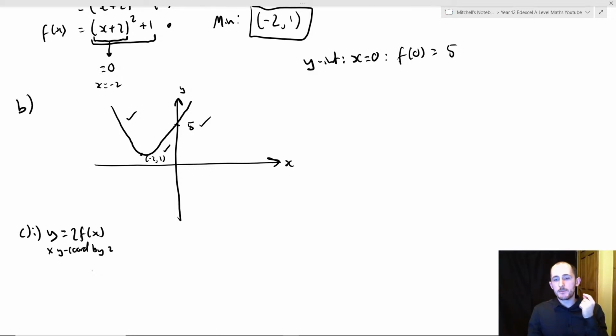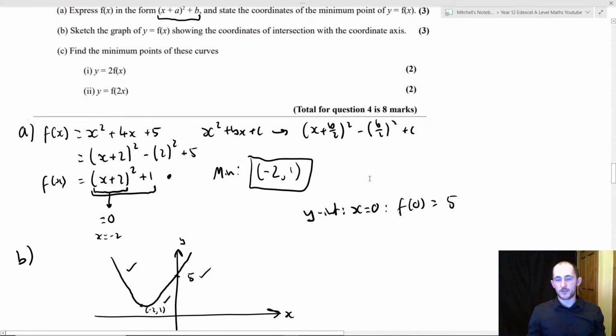So if I'm just finding the minimum point, I know that the x value is still minus 2 because we haven't touched the x value. And what are we doing to the y value? We're doubling it. So minus 2, 2. Cool. That's literally it. Not too bad at all.